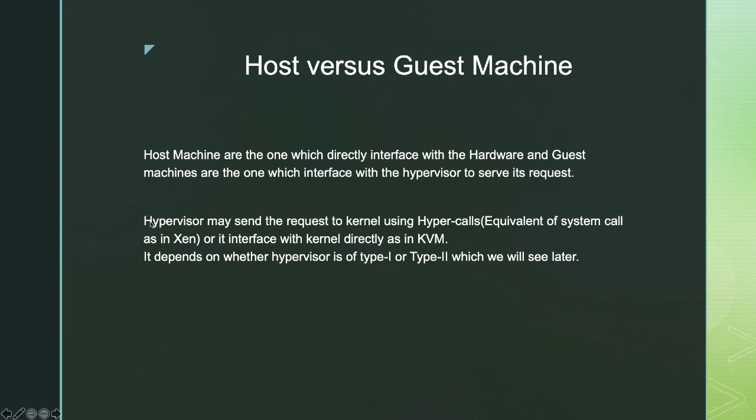How does a hypervisor work? It depends upon the type of hypervisor and also the different vendors of the hypervisor. Some of the vendors are KVM, Xen, Citrix, VMware, Oracle's VirtualBox. Usually, in the case of Xen, which is again an open source hypervisor, it uses hypercalls, similar to system calls for connecting to the kernel.